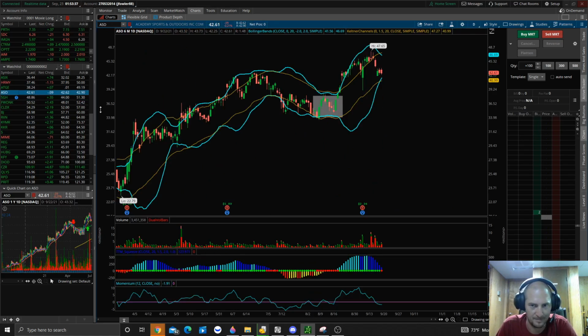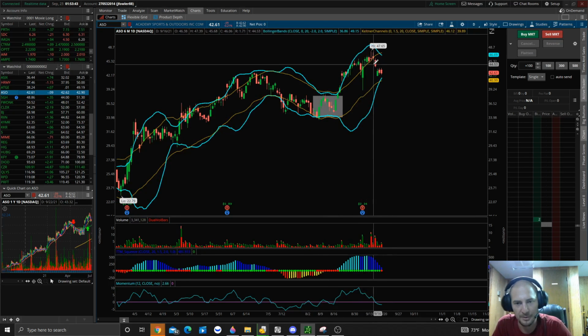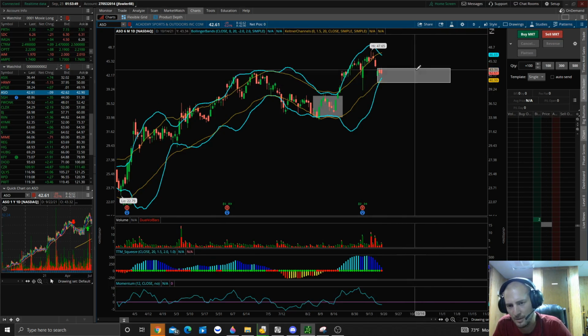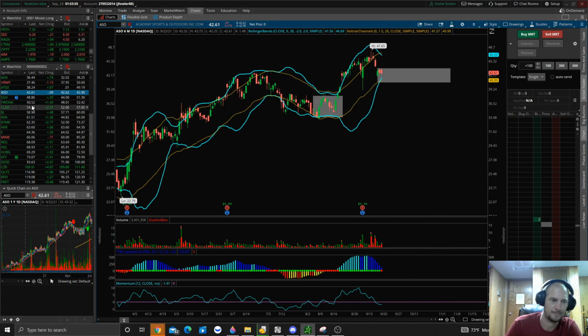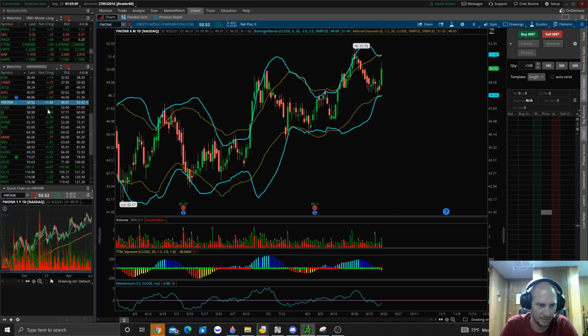Ignore this one. Here you go. Here's a good squeeze. Uptrend, flag, boom. And it's starting to possibly look like it may flag again and trade sideways. If this trades sideways for a while, starts to flag again here, boom. Nice squeezes. Sideways price action, ignore this one.